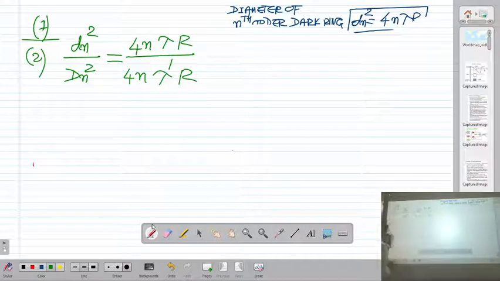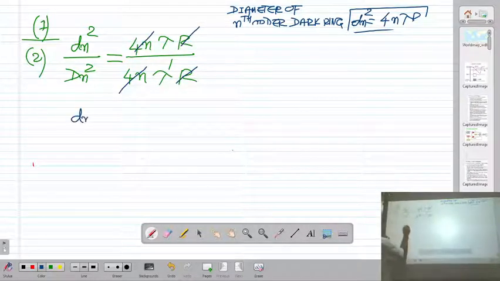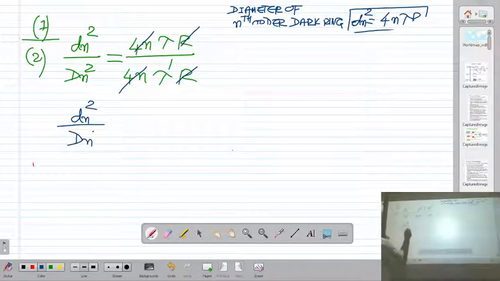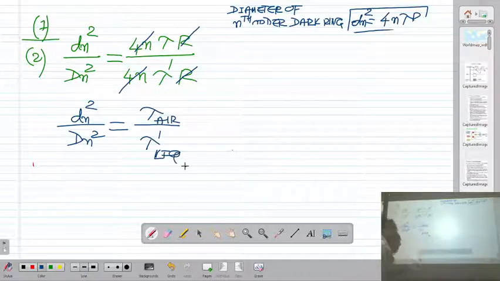So 4n is cancelled, r is cancelled, and small dn square upon capital Dn square is equal to lambda upon lambda dash. Lambda is the wavelength of light in air, lambda dash is the wavelength of light in liquid.